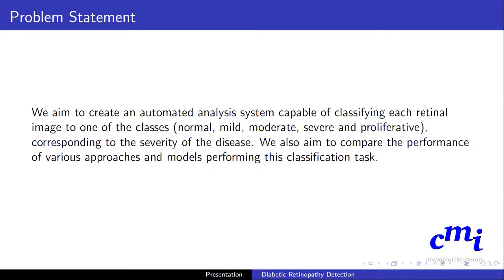The stages are normal, which means that there is no diabetic retinopathy in the patient, mild DR, moderate DR, severe DR, and proliferative DR. As we'll see in the upcoming slides, we have tried various approaches and implemented a handful of models. To conclude, we have also compared the results obtained from these approaches.